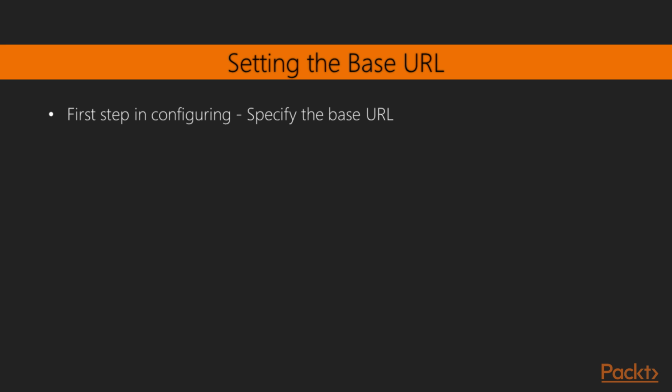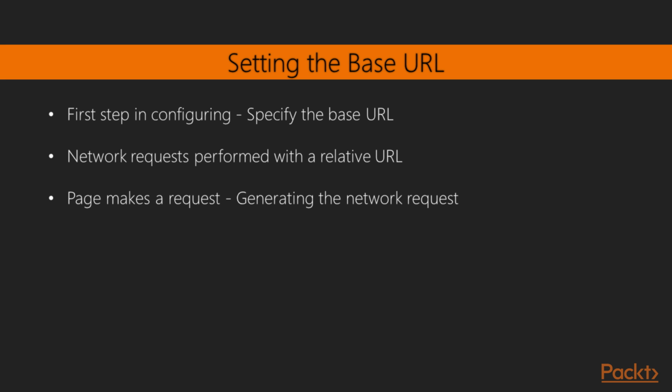The first step in configuring your application is to specify the base URL. This instructs the browser what network requests performed with a relative URL should begin with. Anytime the page makes a request using a relative URL, when generating the network request, it will use the current domain and then append the relative URL. For relative URLs, a prepended / means it will always use the root directory.